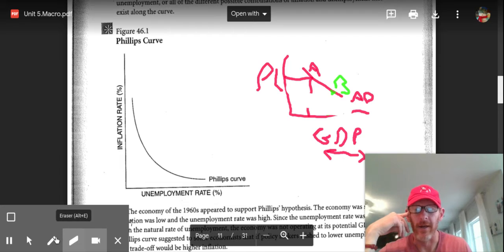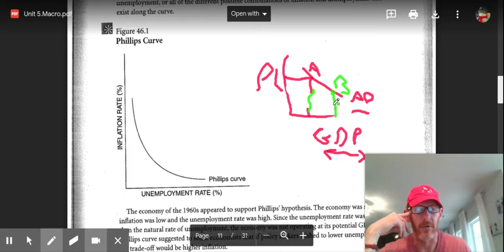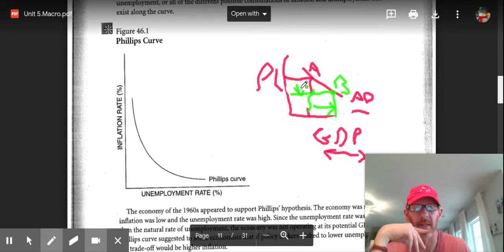If this ends up being point B, then you can see the price level goes down, inflation goes down, as unemployment goes up. So here at point A, high inflation gives us low unemployment, and then low inflation gives us higher unemployment, right?